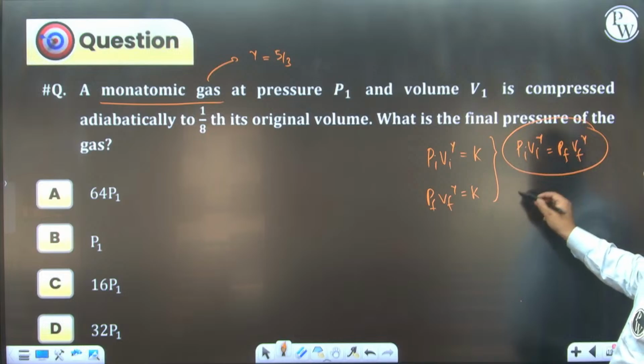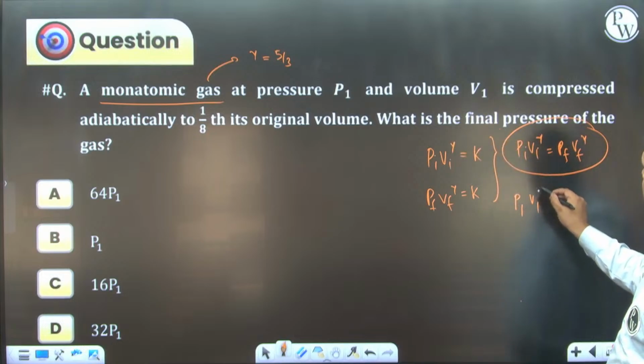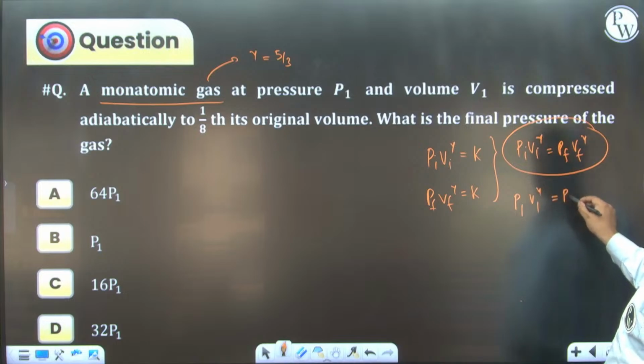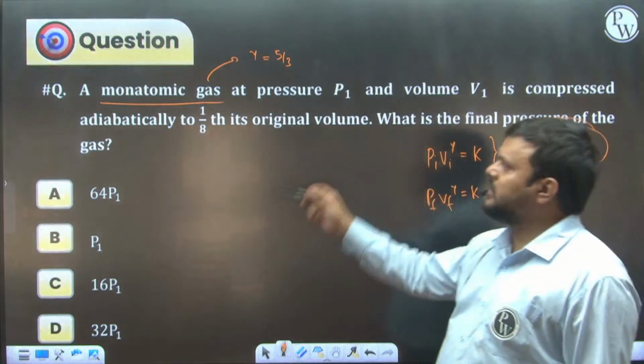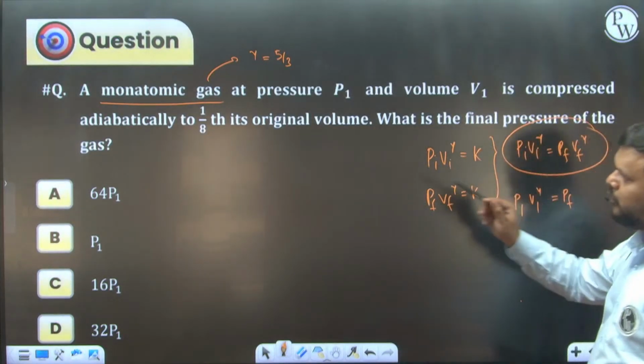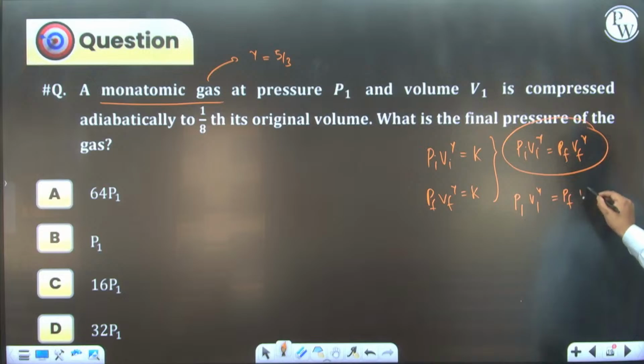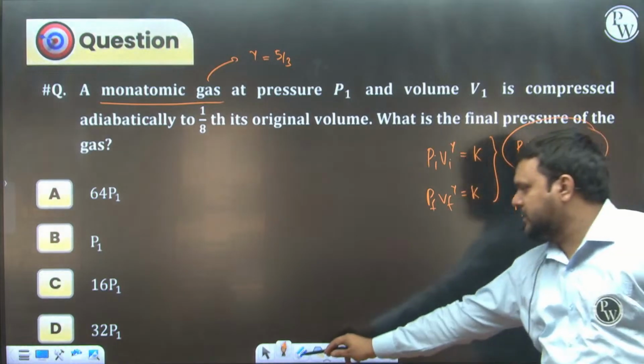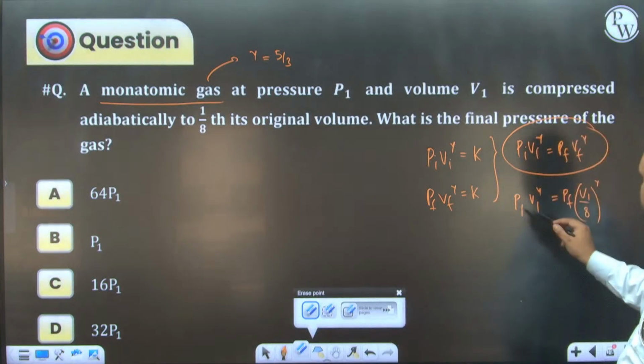Pressure initial I am taking as P1, volume initial is V1, power gamma, is equal to pressure final, which we have to calculate, and volume they have stated is changed to 1/8, so V1 upon 8 is the final volume, power gamma. And the gamma value, as I told you, is 5 by 3.